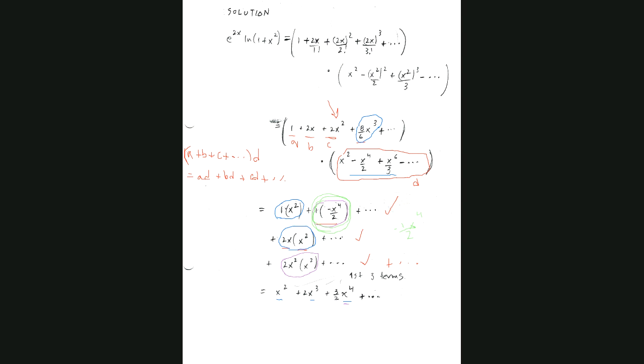But then we got another x to the 4th term. Very good question, Robin. We got 2x squared times x squared. That's going to be plus 2 times x to the 4th. So what's negative 1/2 plus 2 equal? 3/2.